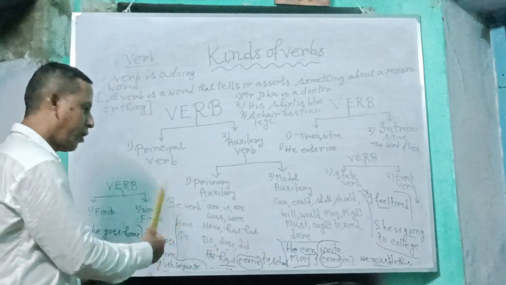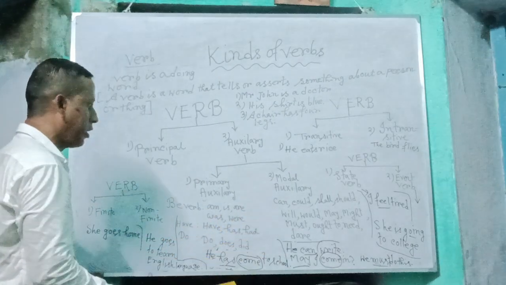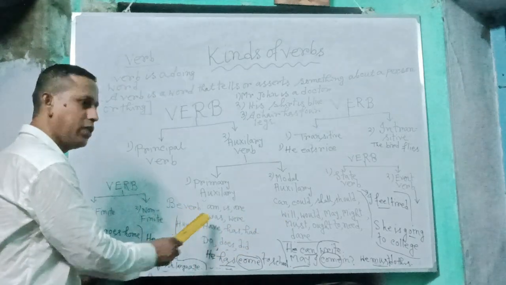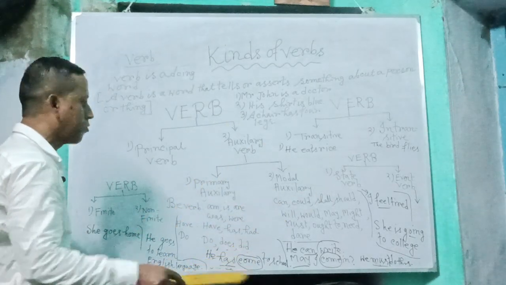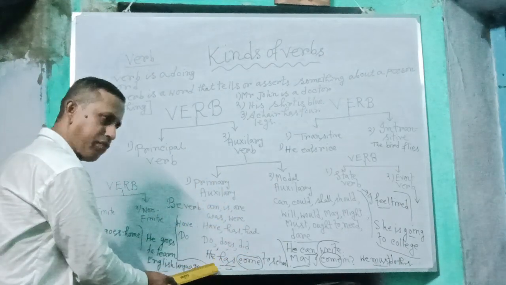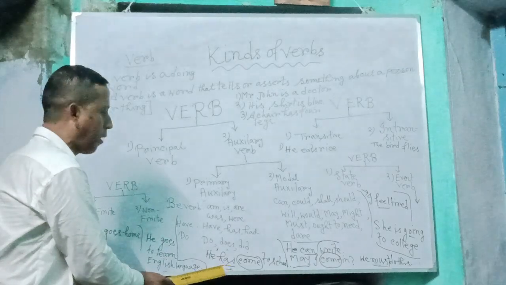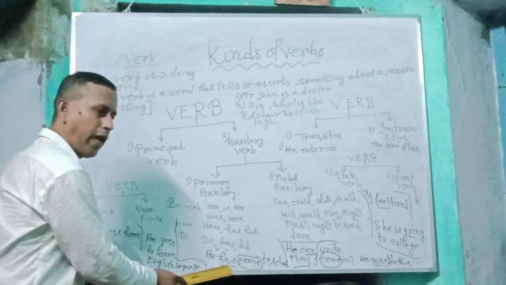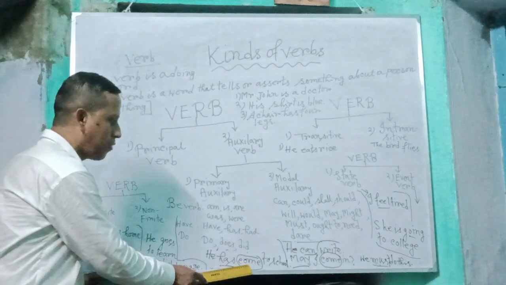Am, is, are: when the examples are I am going, he is coming, am or is is the helping verb and then the main verb. So the verb meaning is fully changed, sometimes the continuous tense, sometimes the perfect tense. Here the present perfect tense construction is subject plus have or has plus the past participle form of the main verb.